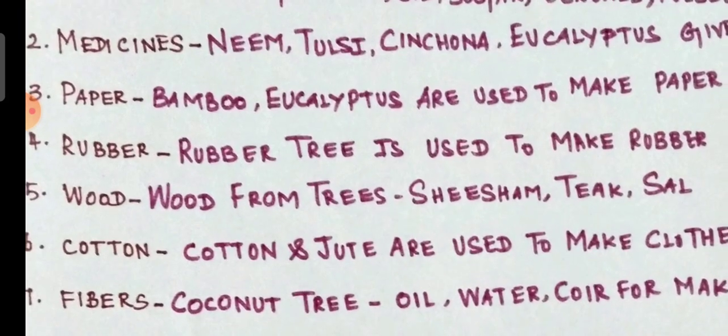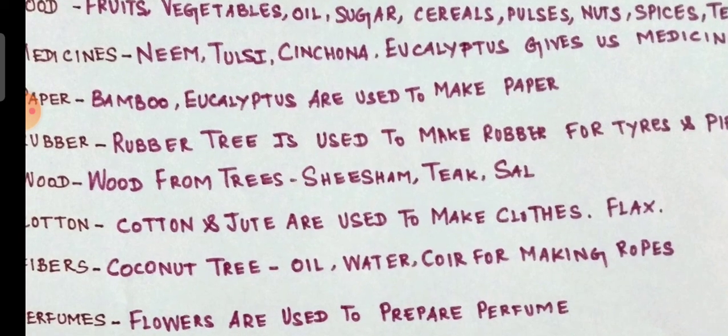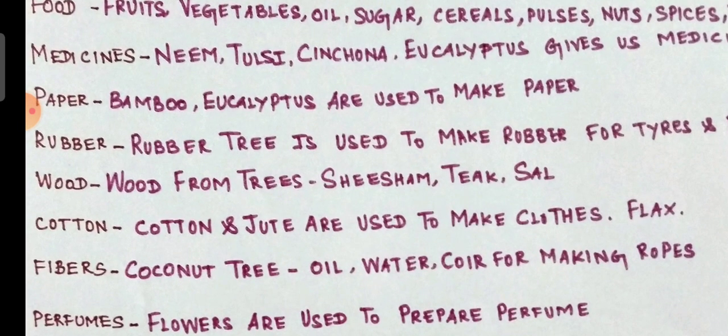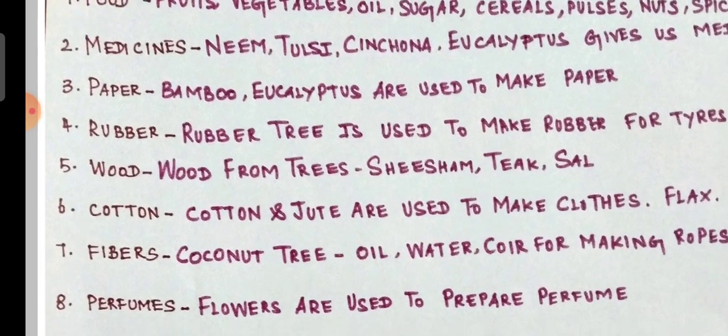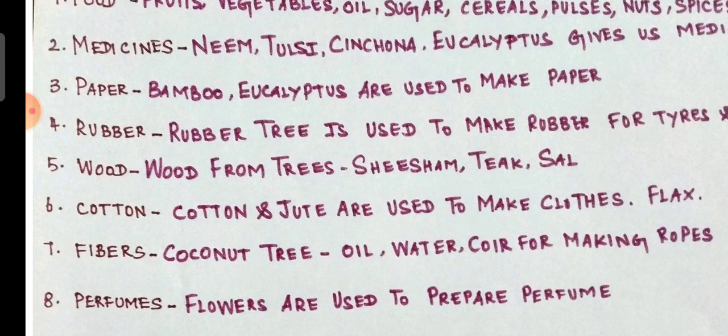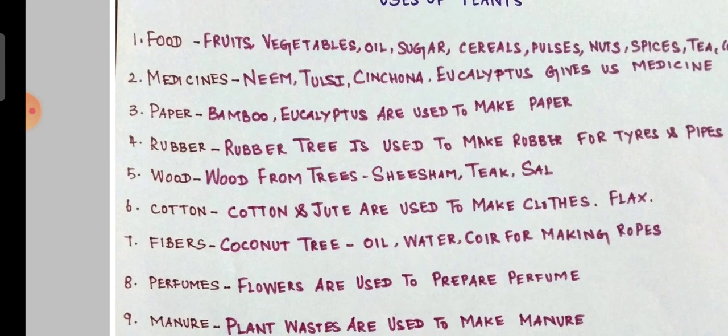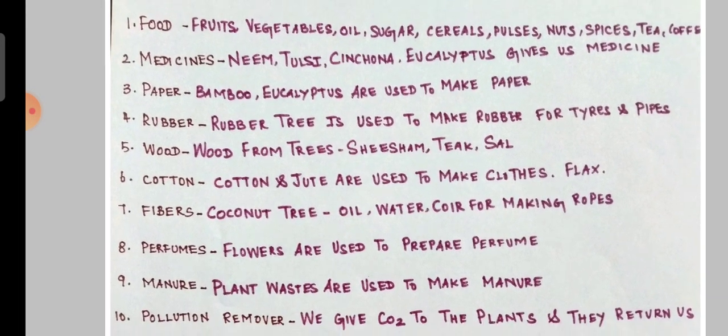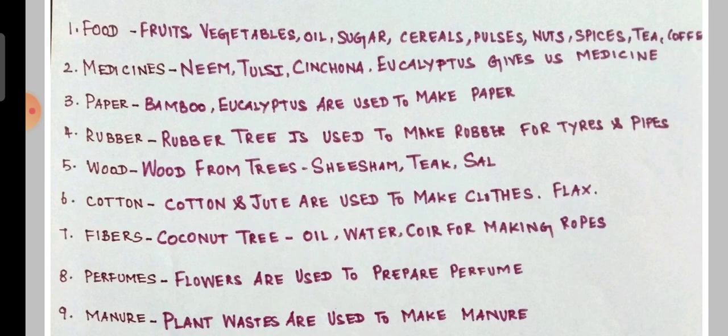They provide us wood. Some trees for wood are sesame, teak, sal, etc. And they provide us cotton. Cotton and jute are used to make clothes. Fibers: the coconut tree is used to make oil, and it provides us with water and coir for making ropes.